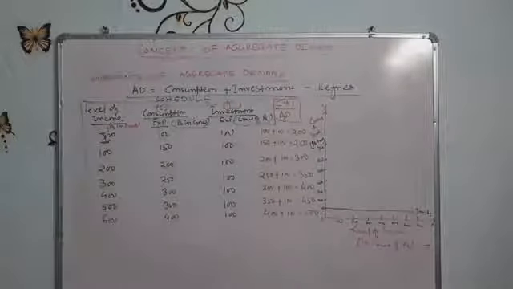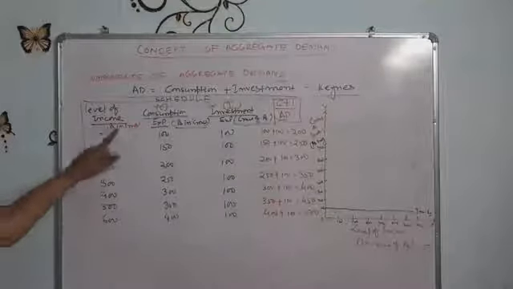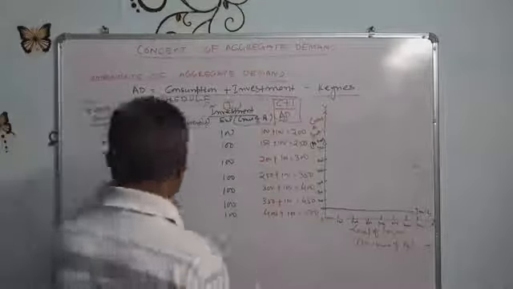Now the level of income is 0 and your consumption expenditure is 100.